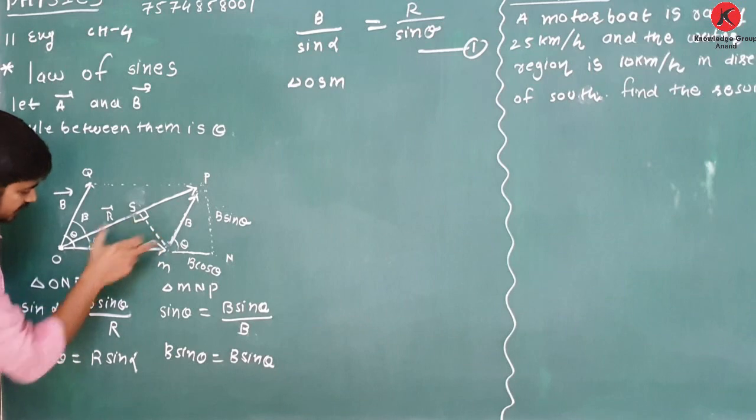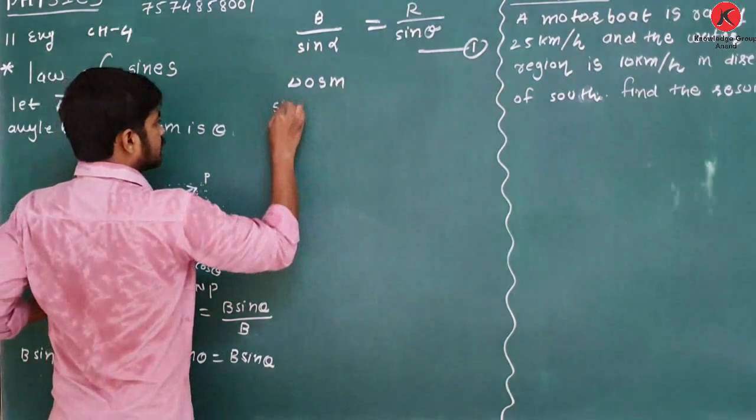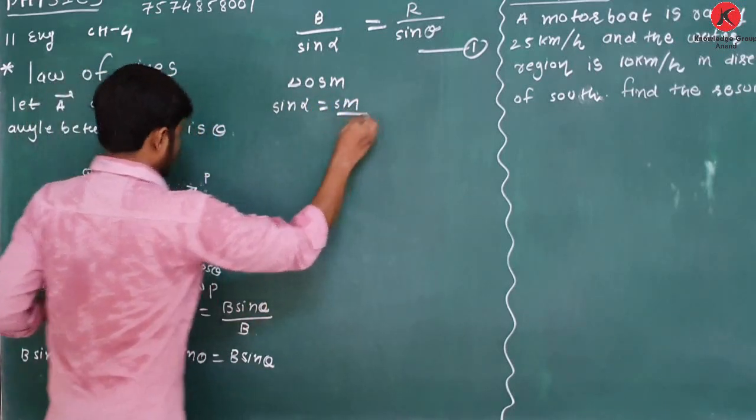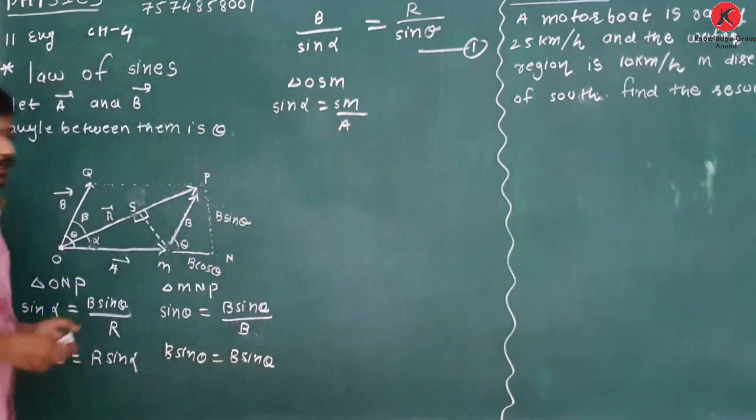Its opposite side is SN and the hypotenuse is A. So in triangle OSN, sine alpha is equal to opposite side SN upon hypotenuse, which is vector A. So it is clear.